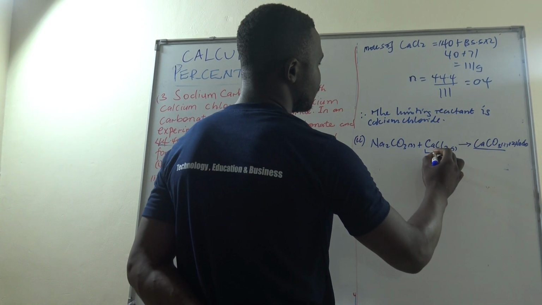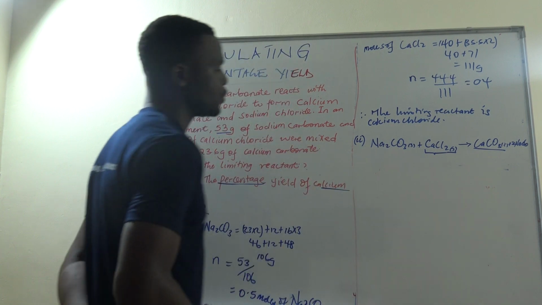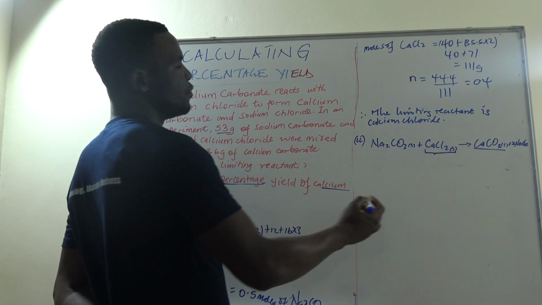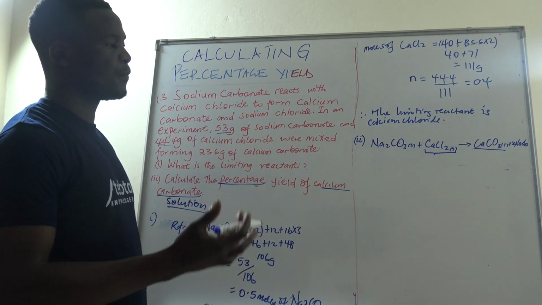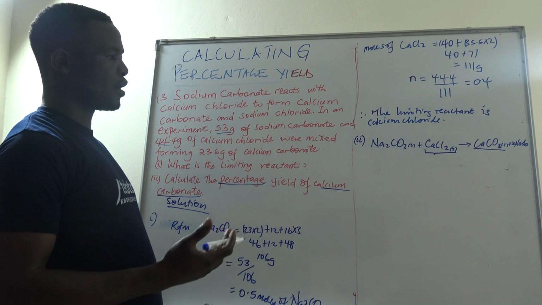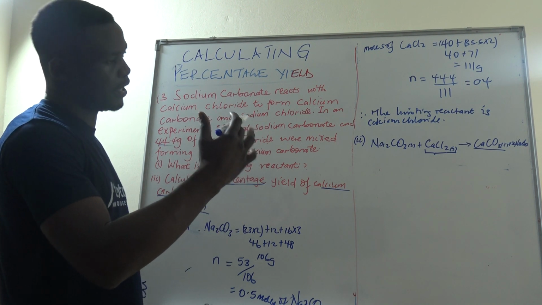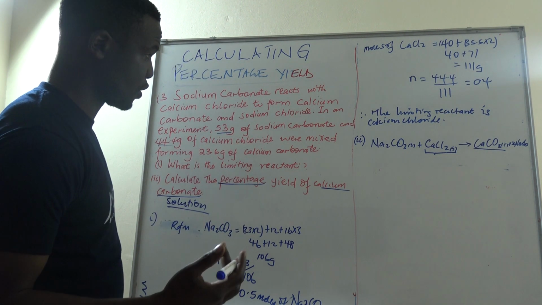Now we know that this is the limiting reactant, and we are going to use the stoichiometric values to calculate the amount of calcium carbonate that is produced. We are using calcium chloride to determine the amount of calcium carbonate produced.